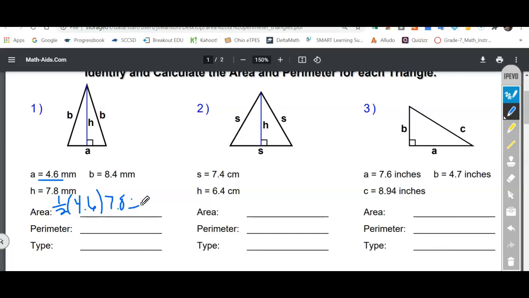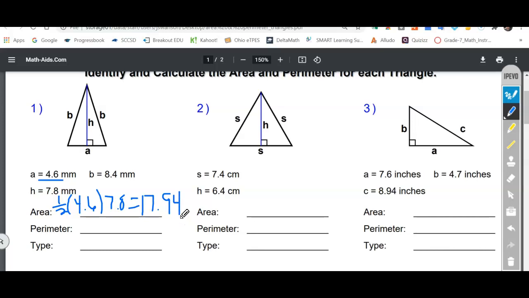So what do I get when I multiply those three? What'd you get? 17.94.